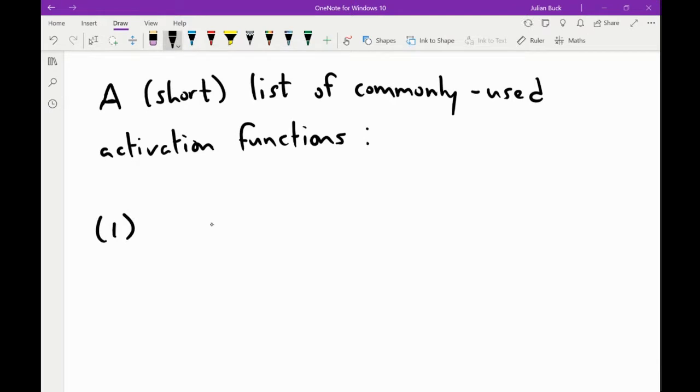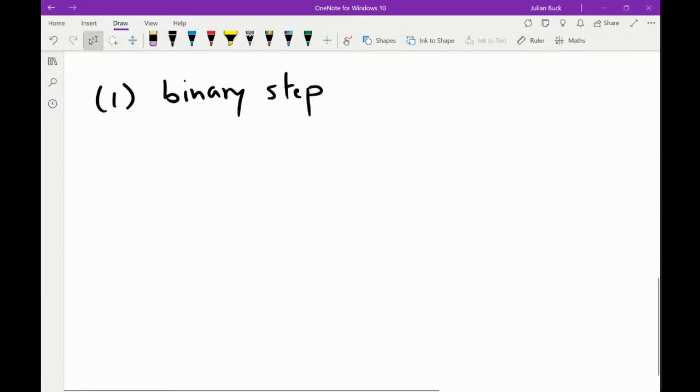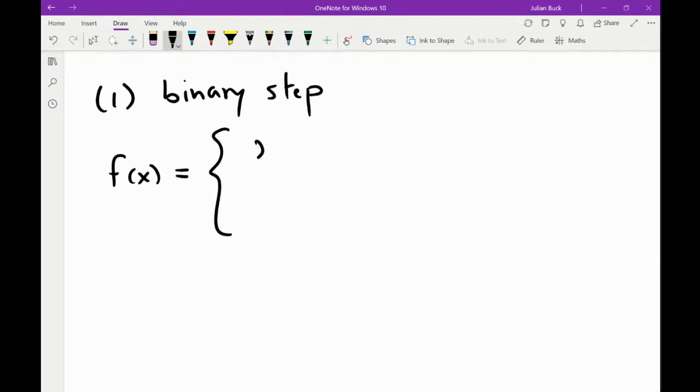First, which we've already encountered, although we didn't formally describe it this way, is what's called the binary step. So we define a function as follows. f(x) will equal, and it's a piecewise defined function, 0 if x is less than 0, and 1 if x is greater than or equal to 0.